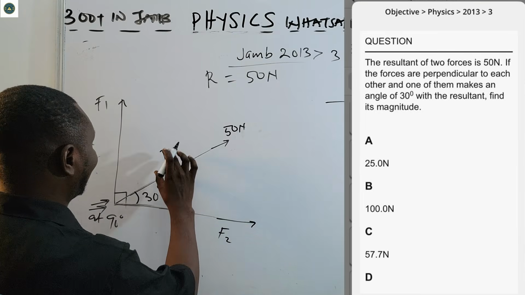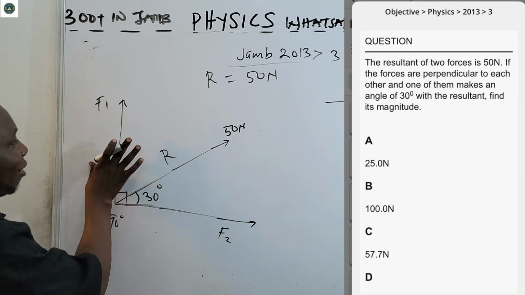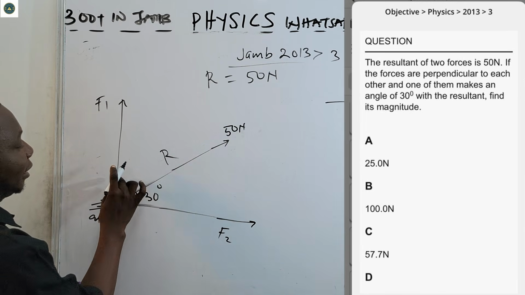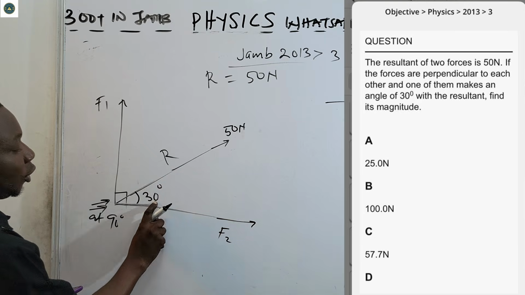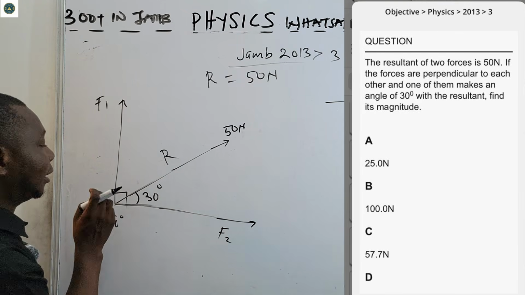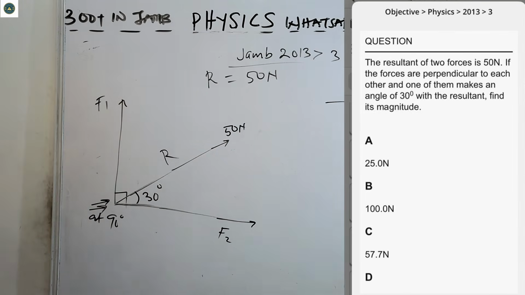So this is F2. F2 is at 30 degrees to the resultant. F1 would have been at the vertical angle, maybe here is 60 degrees, because the complement of 30 is 60 degrees. So what we need to find is F2.